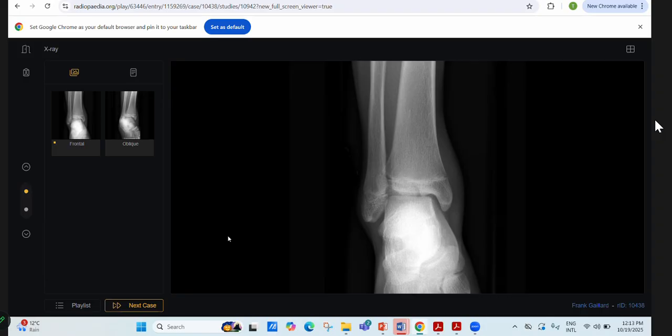Where is it? Please mention with the arrow. Can you see my arrow, ma'am? Now I can see your arrow. Yes, this one, with surrounding sclerosis.